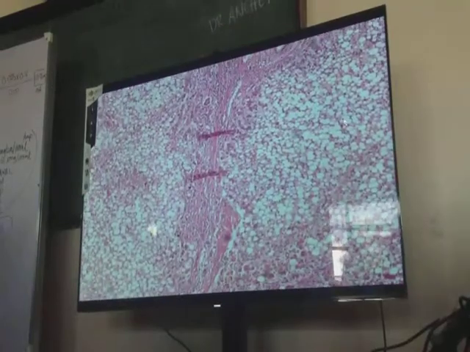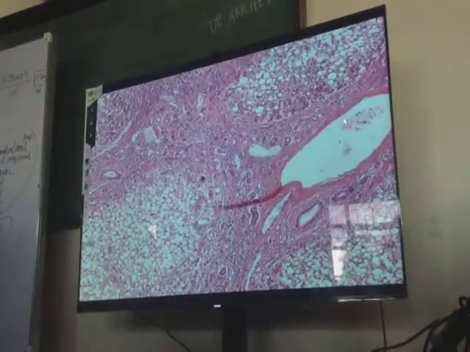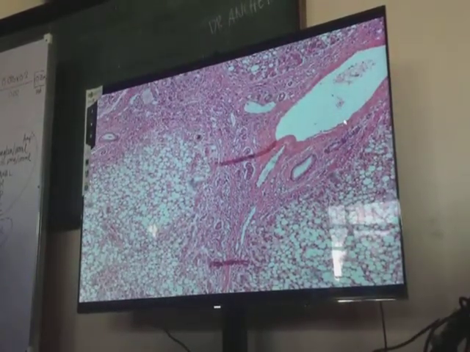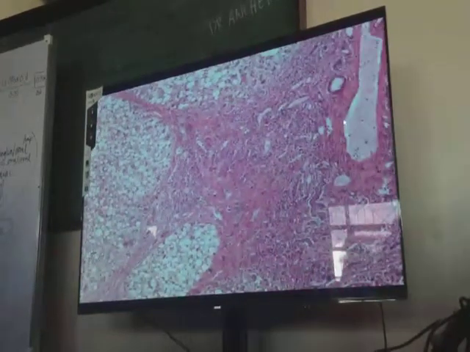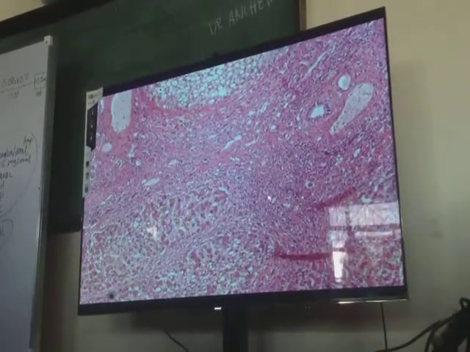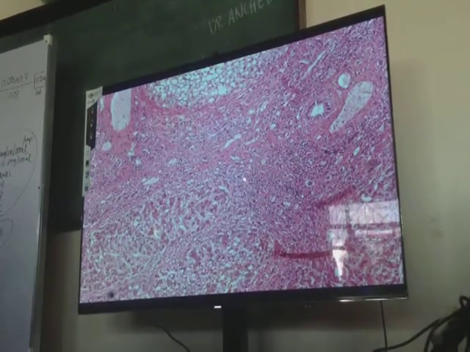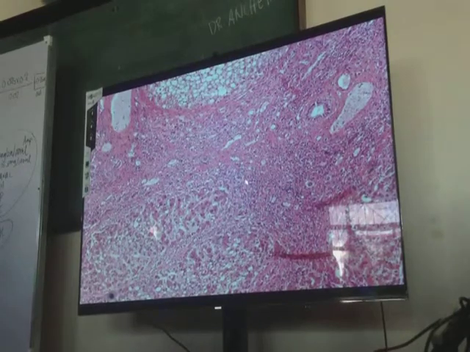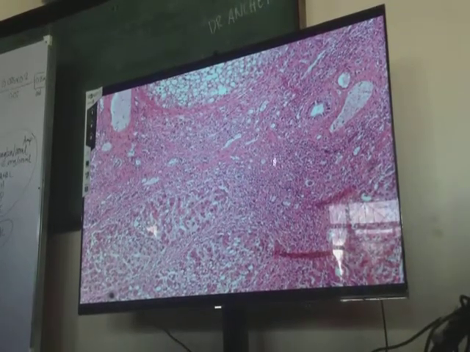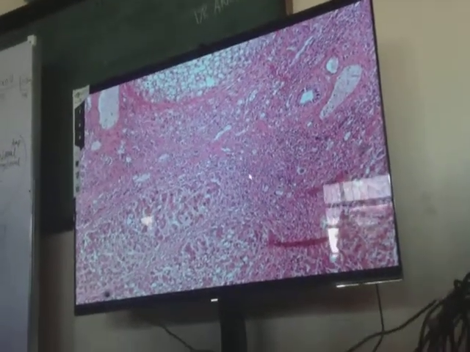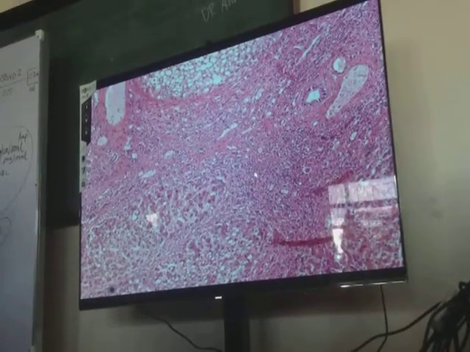However, aside from steatosis, you should be able to identify also another abnormality in this slide. So what is your diagnosis in the pointed portion? Okay, there is beginning fibrosis. Aside from fibrosis, ano?